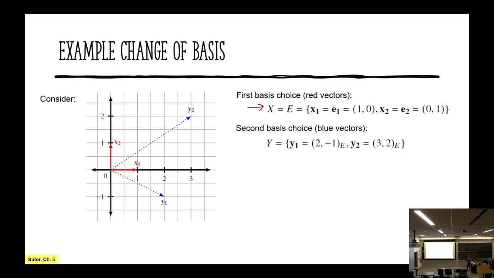My second basis, I'm going to call it y. Little y1 is equal to (2, -1) and little y2 is equal to (3, 2).